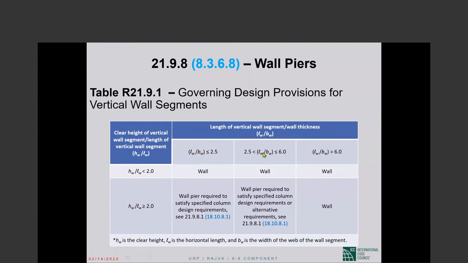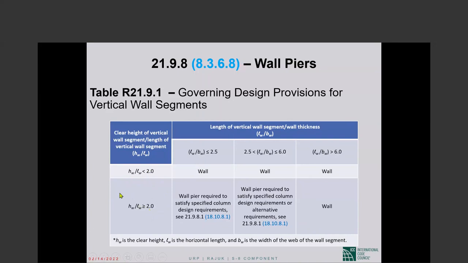So if the height to length ratio of your wall segment is less than 2, then you cannot have a wall pier. Then you have a wall, and you reinforce it as a wall, and you should not get into any trouble. For you to have wall piers, height to length ratio has to be larger than or equal to 2.